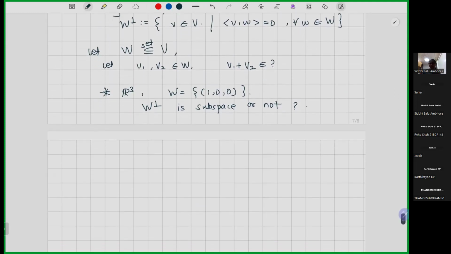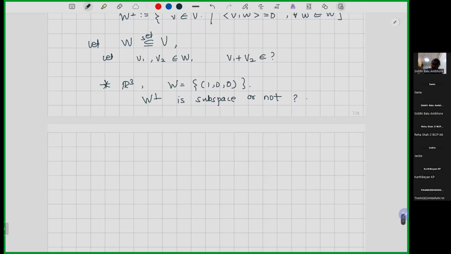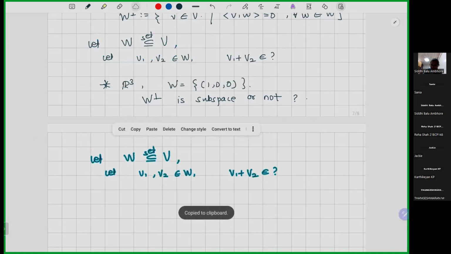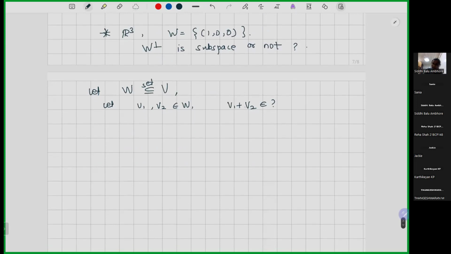I have a reason: if v is perpendicular to W, then scalar multiplication of v is also perpendicular to W. Yeah, exactly. You are saying this property. We have to check whether this belongs to the orthogonal complement of W or not.